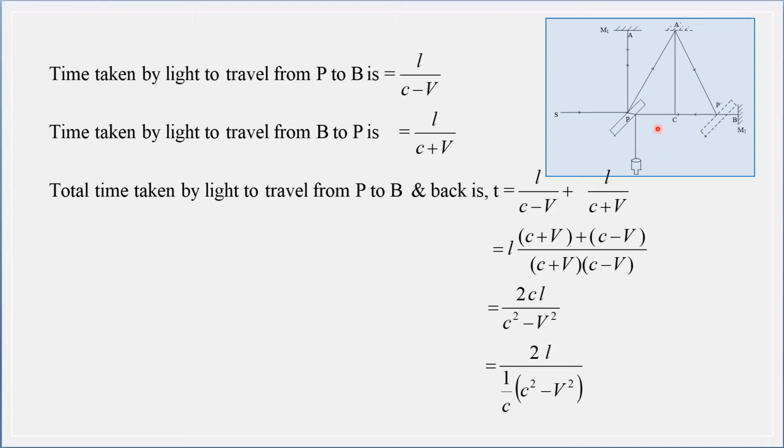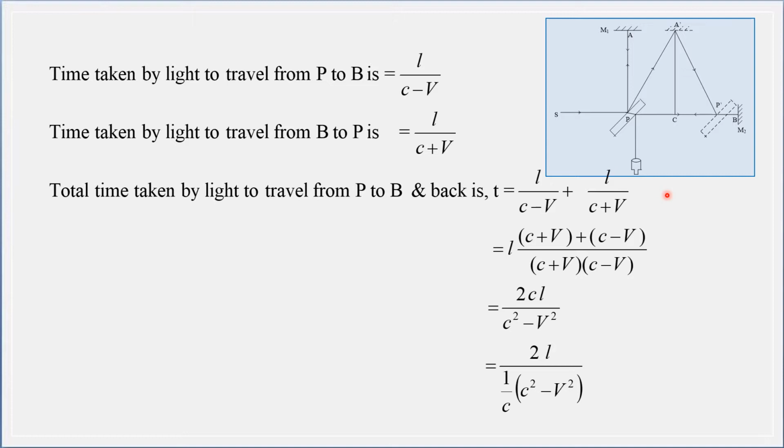Now the full apparatus is kept on the Earth, and Earth is rotating with a speed of 36,000 meters per second. Since Earth is rotating, the full apparatus will also move with a speed of 36,000 meters per second.